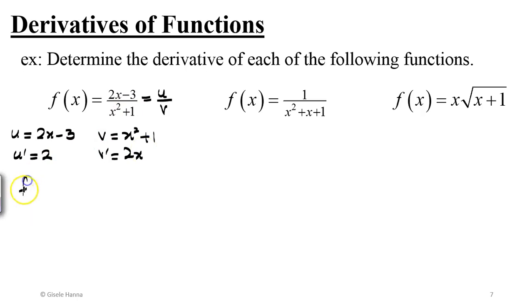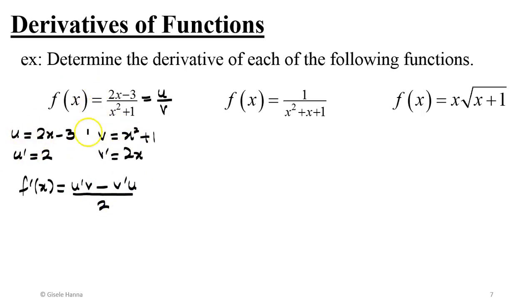So over here, f prime of x, according to the quotient rule, is the derivative of the first times the second minus the derivative of the second times the first, divided by the square of the denominator. So it's u prime v minus v prime u over v squared.